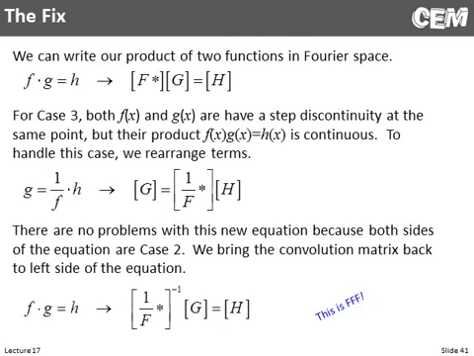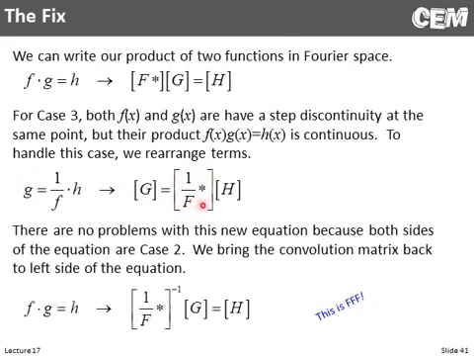We get slow convergence though, but what happens if we take F and move it over to the other side of the equation? So now we have G equals 1 over F times H. Well, if F has a step discontinuity, so does 1 over F. But H is continuous, so in fact this product is now case number 2, which does not have any problems.